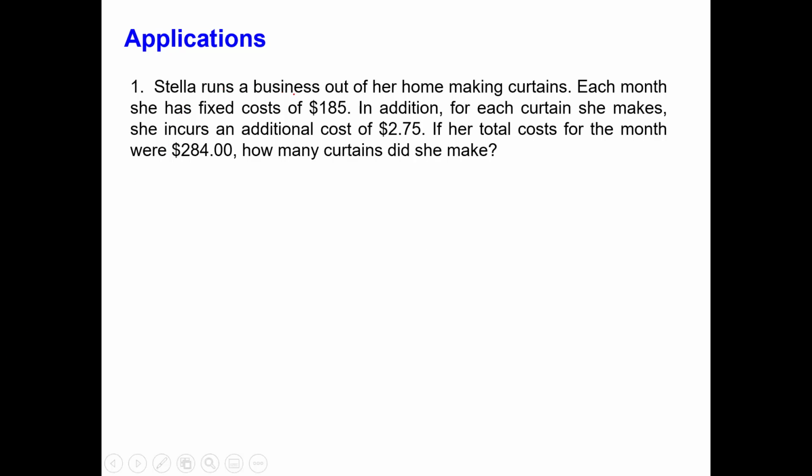Stella runs a business out of her home making curtains. Each month she has a fixed cost of $185. We can write here the first information we have: 185. This corresponds to the fixed cost per month. Everything we have here is per month.